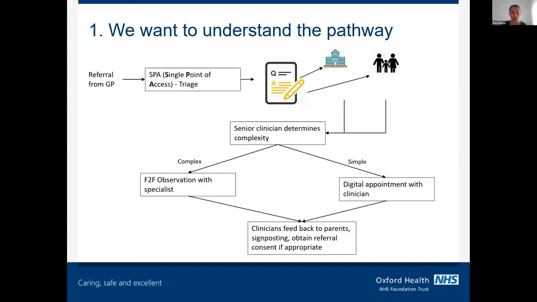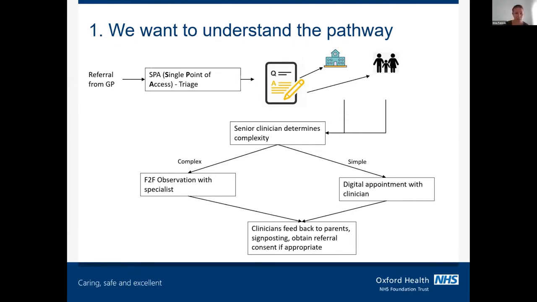So the pathway on a high level is: a referral gets sent from the GP. It goes to SPA, the single point of access, which triages the referral to the NDC team, which sends out the questionnaires to schools and parents. Schools and parents return the questionnaire. The clinician determines the complexity.